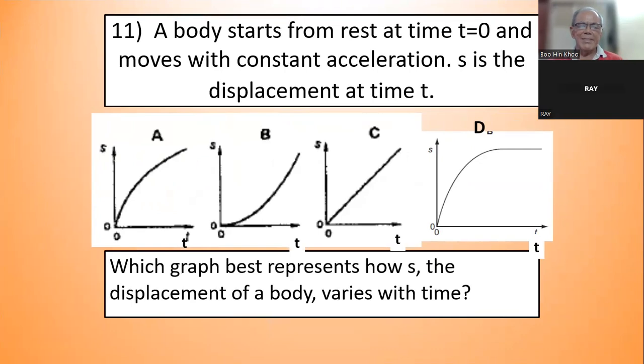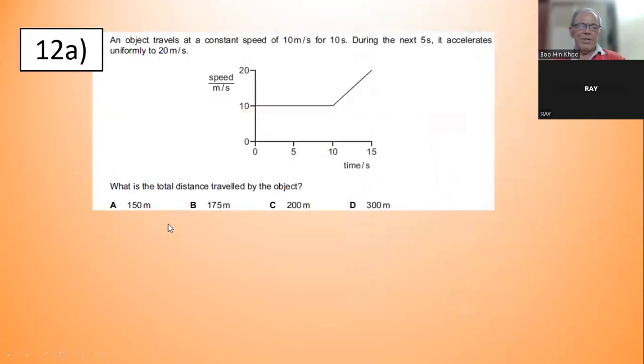Constant acceleration, which graph? This one is B, a parabola. Number 12, can do. B.